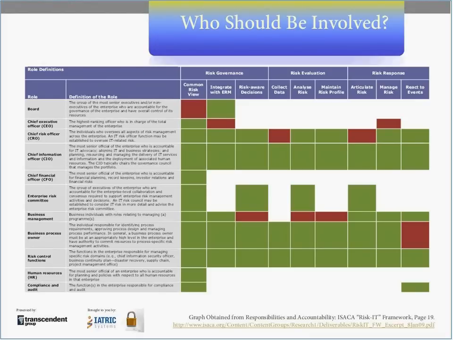Now, this chart has been borrowed from the ISACA Risk IT framework, and that's actually a new framework. Although the framework was created for performing a more broad IT risk assessment, it's still applicable for performing a security risk assessment, considering security is a component of a general IT risk assessment.